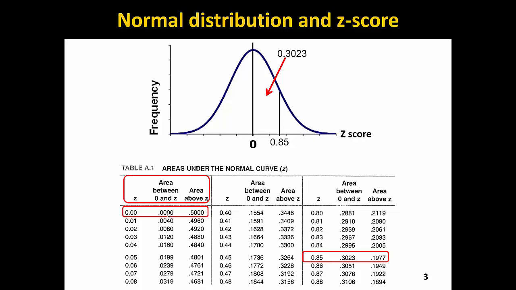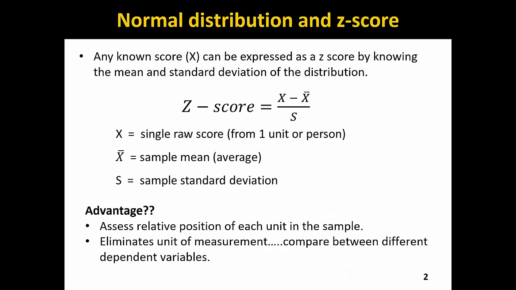Now we come back to this previously highlighted row here. If we calculate a z-score of 0.0, what does that mean? We'll go back one slide. If our z-score equals 0, it means our numerator was 0. How can the numerator equal 0? The numerator equals 0 when a single raw score of one person out of the 16 in our sample has a value that is exactly equal to the sample average.